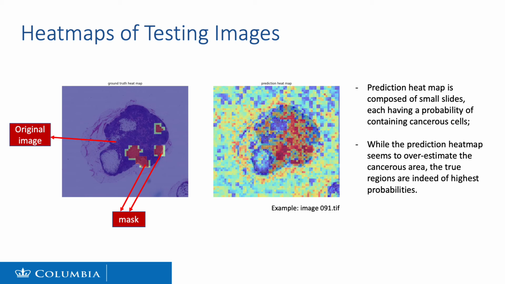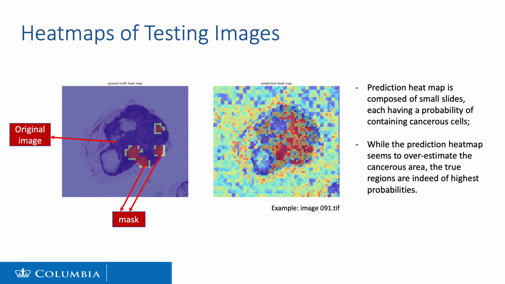So we can see that on the right, the heat map is composed of small slides, and each slide is given a probability or confidence level of whether or not it's a cancerous cell. That probability is indicated by the color of the slide.